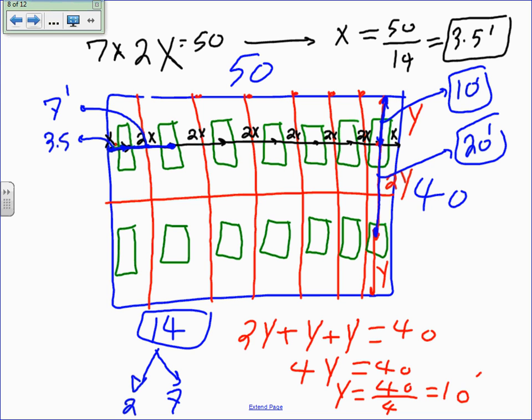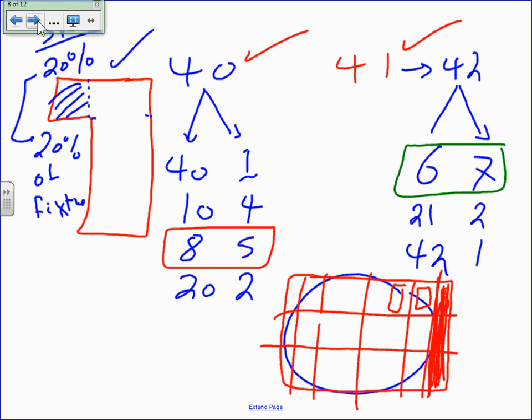If I want to find where this fixture is going to be located, I know it's going to be 10 feet this way, and you multiply 7 plus 7 plus 7 plus 3.5. Add them up, you find the orientation of this fixture. Any question guys about how to orient your fixtures? Cool? No? Okay.